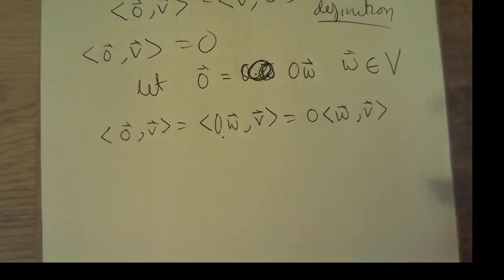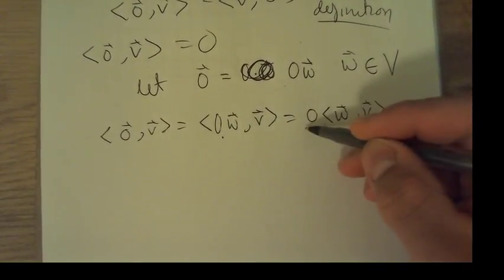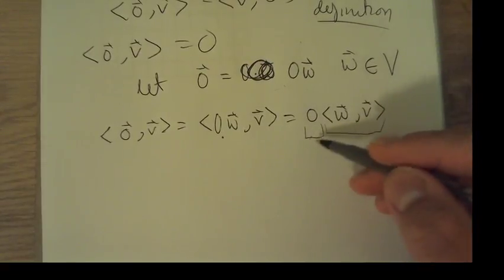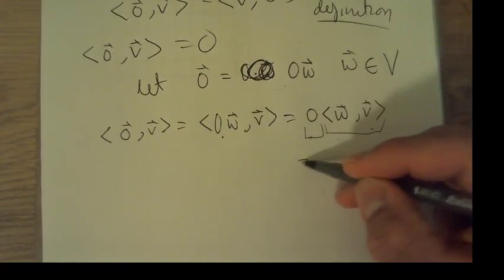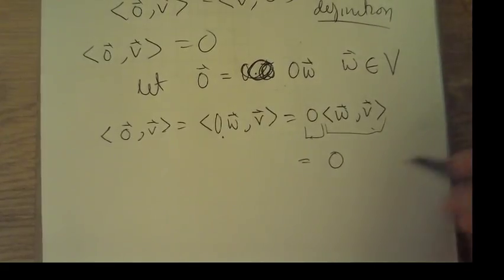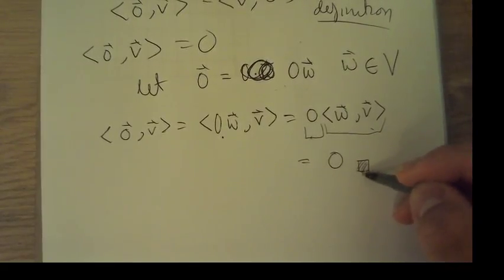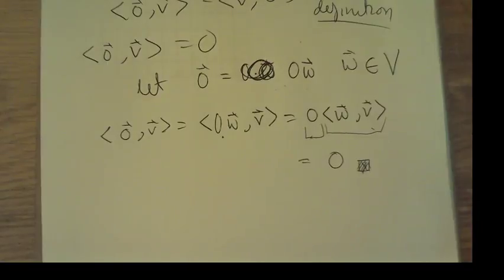But now once I'm outside here, this is a real number, and this is the real number 0. So 0 times any real number is equal to 0. And that should wrap up our proof. Okay? All right. We're okay on that one.